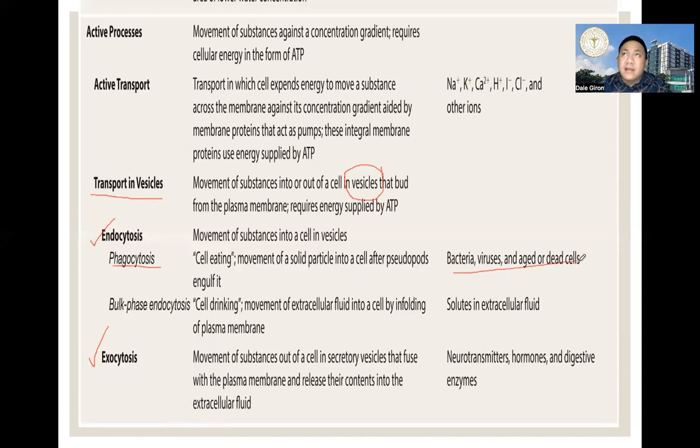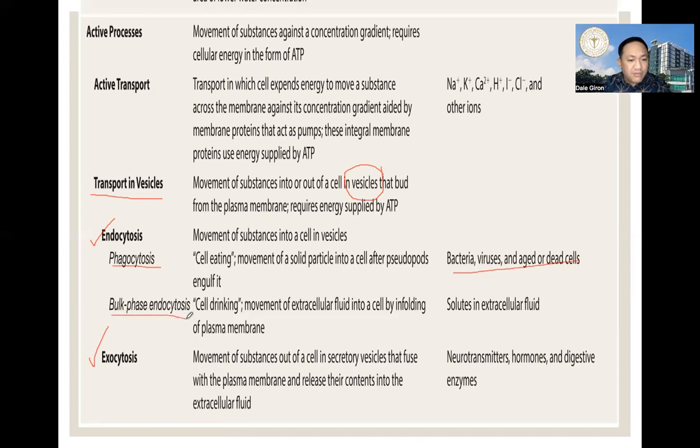So if that vesicle recognizes that it is a foreign body, a bacterium, a virus, a dead cell, it will try to engulf it, put it in a vesicle, and then it will start to eat. That is actually phagocytosis. It's an endocytosis process.